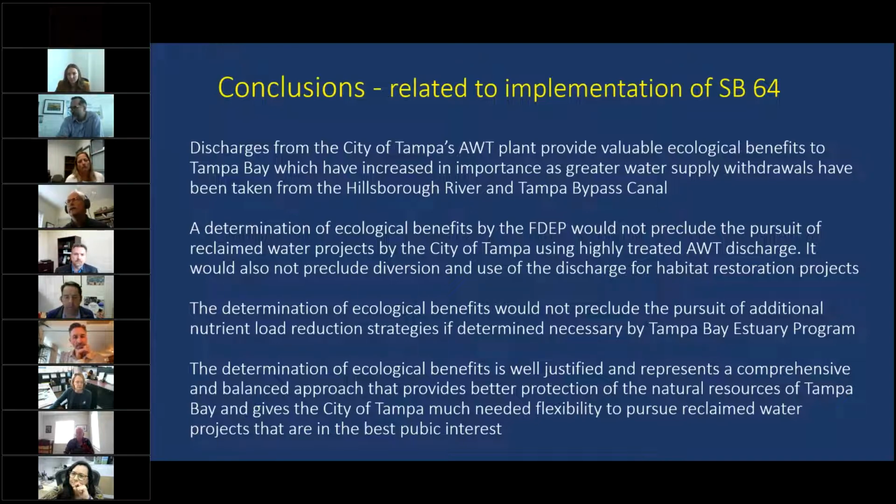Again, Dave, I want to emphasize that ecological benefit designation does not preclude the pursuit of reclaimed water options. And we feel we give the city more time and flexibility to pursue options that make the most sense from a number of perspectives.